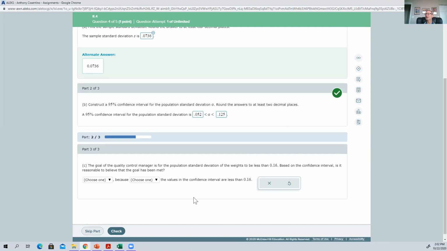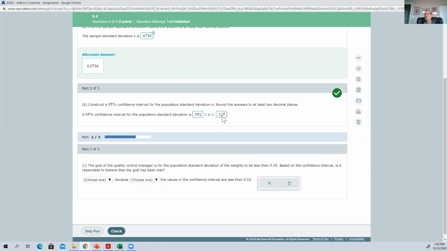And so let's see what this says. It says, the goal of the quality control manager is that the population standard deviation of the weights is to be less than 0.16. And so based on the confidence interval, is it reasonable to believe that the goal is met? So what you want to be less than, right? So you're worried about the high end. And what's the high end in our confidence interval?